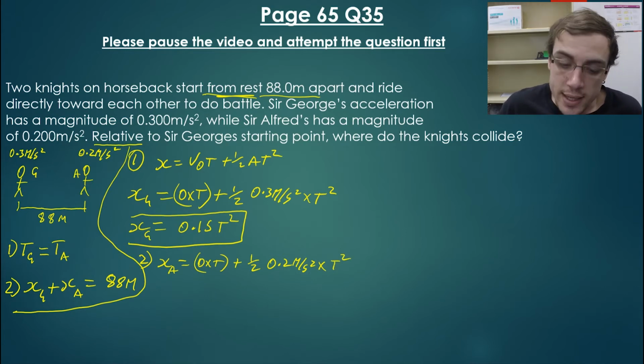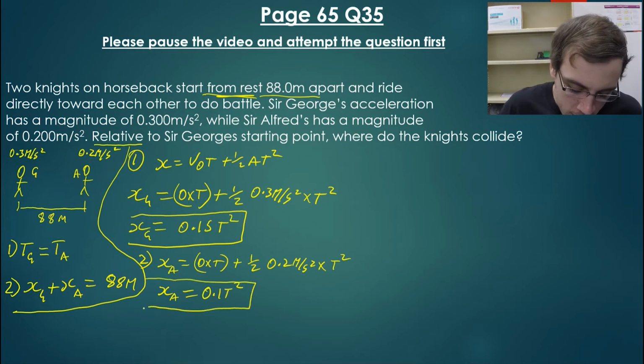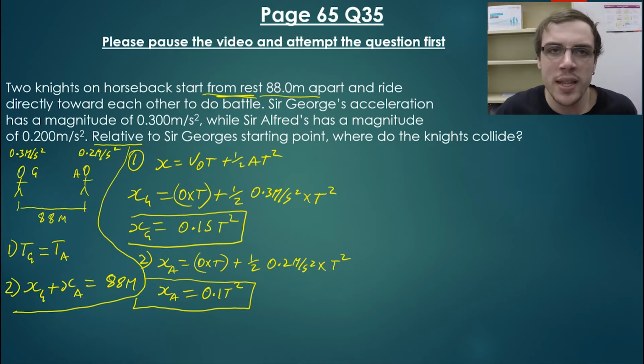So by simplifying this, we go 0 times t is going to be 0. 1/2 of 0.2 is 0.1, t squared. So the displacement for Alfred is 0.1 t squared.